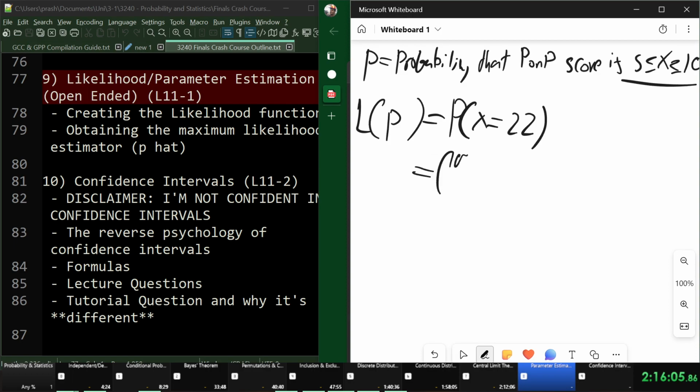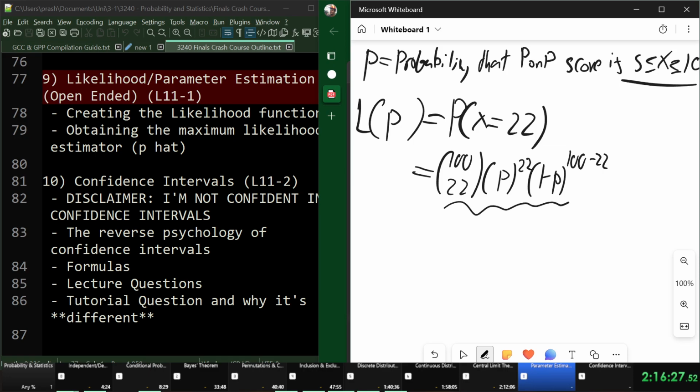There were 100 people sampled, only 22 of them chose the answer to be between 5 and 10, and that has some probability p. 22 people chose it. Everyone else, 100 minus 22, did not choose it.